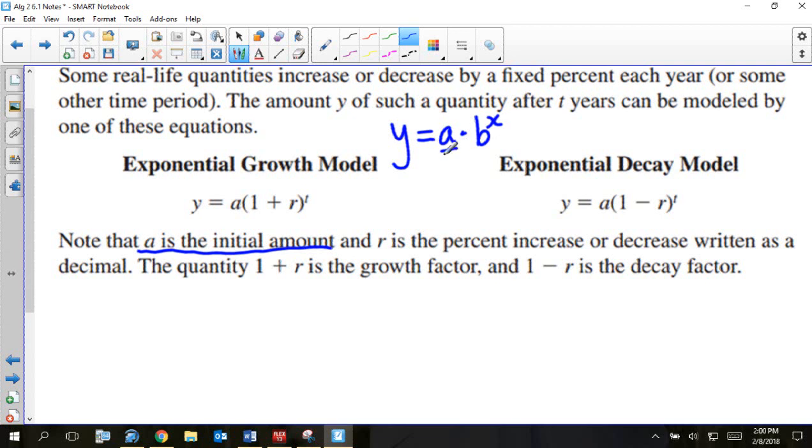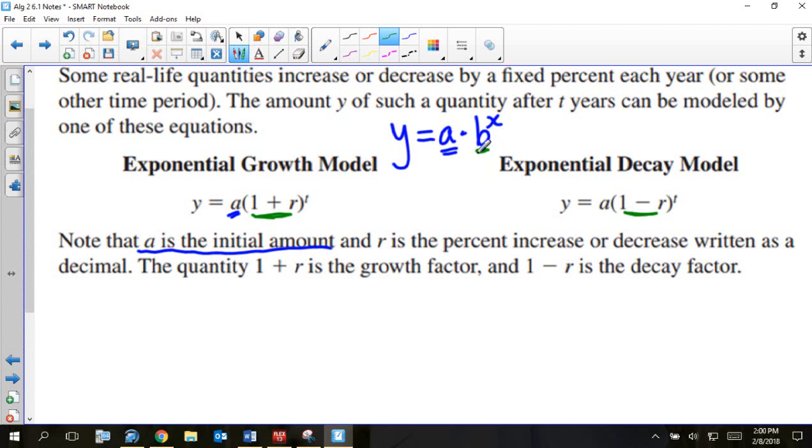So this A value, we didn't even have that in our homework yet, but the A value is still the same A value, the initial amount. Now when we talk about growth or decay models, inside the parentheses we have 1 plus R for growth, or 1 minus R for decay. How that compares to what we were doing is that the B is either the growth or the decay part.